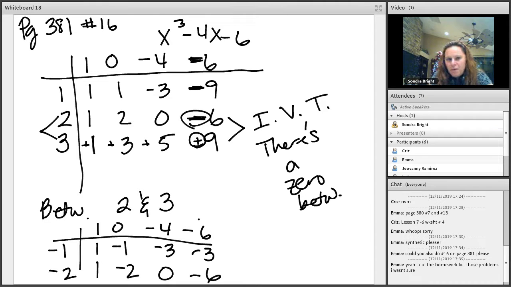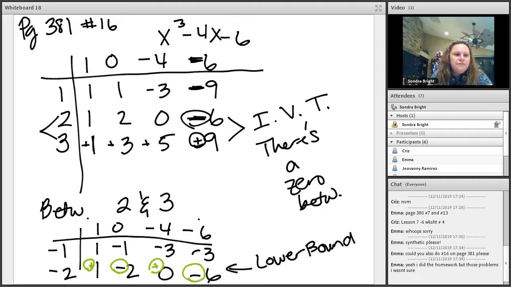Still no zero, but this is a lower bound because your signs went from positive to negative to 0. You can say 0 is either positive or negative, whichever you need for the pattern, and then a negative. So negative 2 is a lower bound, which means there aren't any more.